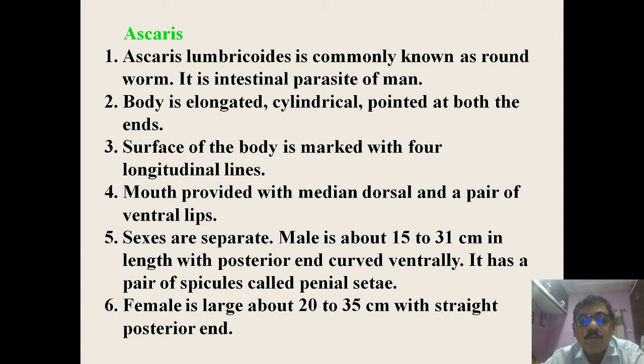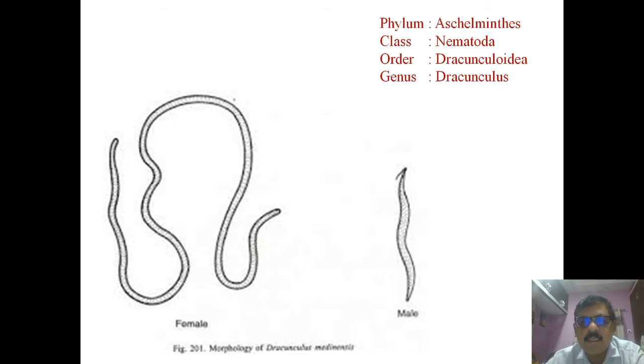It has a pair of spicules, called penial spicules, meant for mating or reproduction. The female is larger, about 20 to 35 centimeters, with the posterior end straight. So these are the characteristic features of Ascaris.